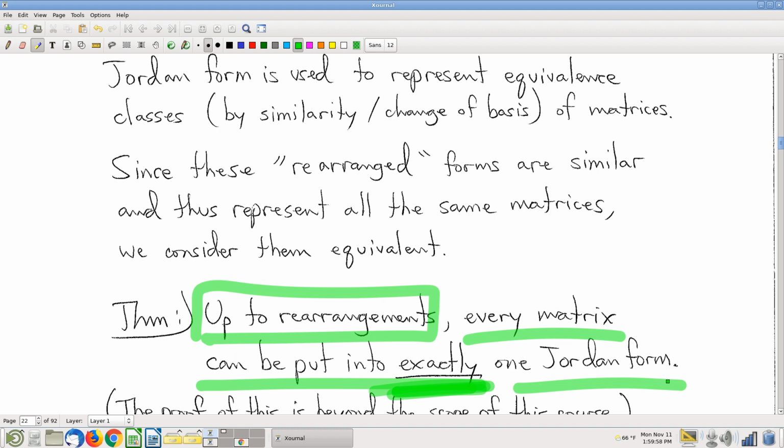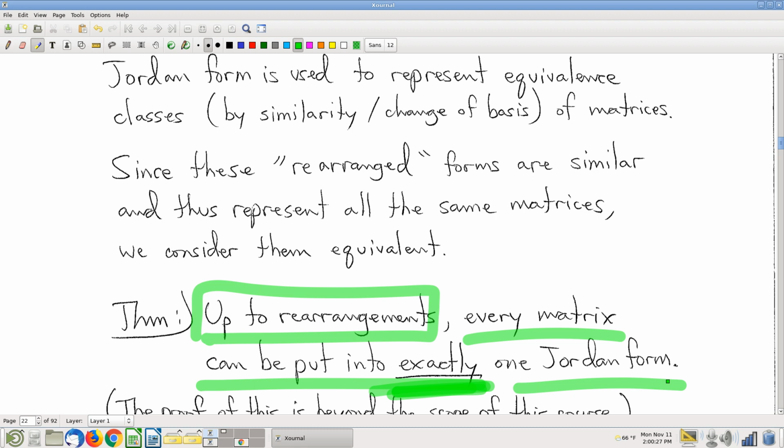Okay, so all this rearrangement business, unfortunately, we have to bring that up and talk about how that works and see what that means in order to be able to address the question of uniqueness, which, strictly speaking, the answer is no. But there's a really nice relationship between these non-unique Jordan forms.